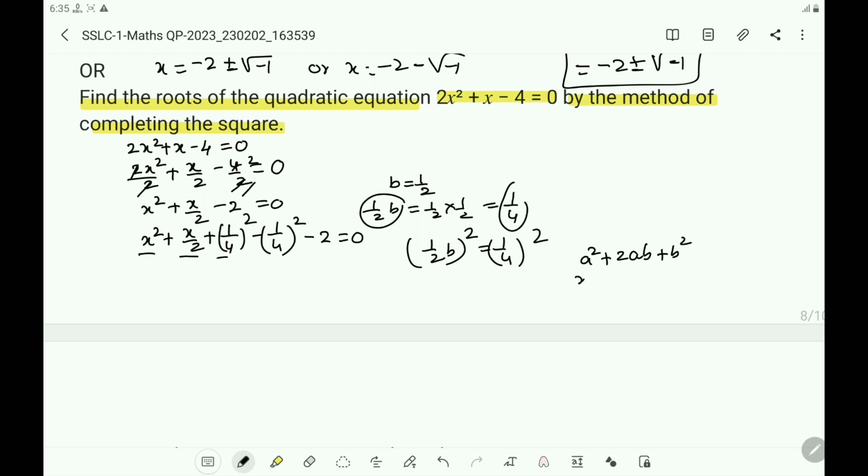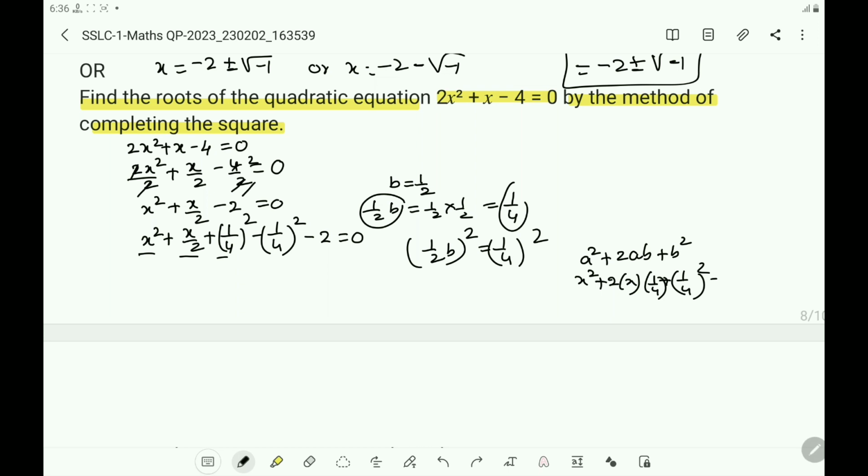Here a square is x square, b square is 1 by 4 whole square, and 2ab is 2 into a, means this x, into b, is 1 by 4. So if you cancel, 2 1s are 2, 2 2s are, again you are going to get x by 2.